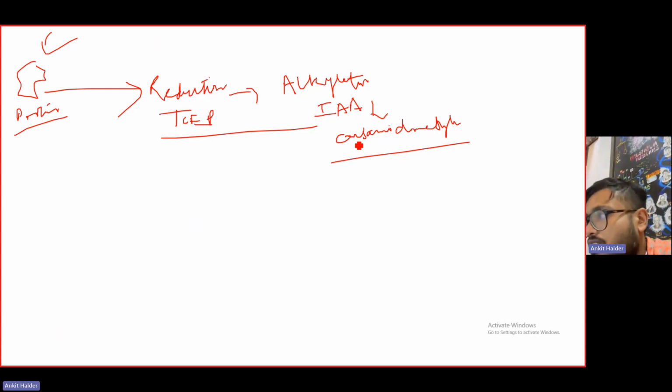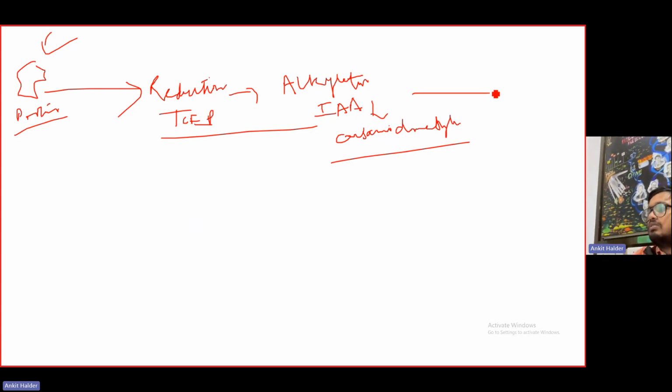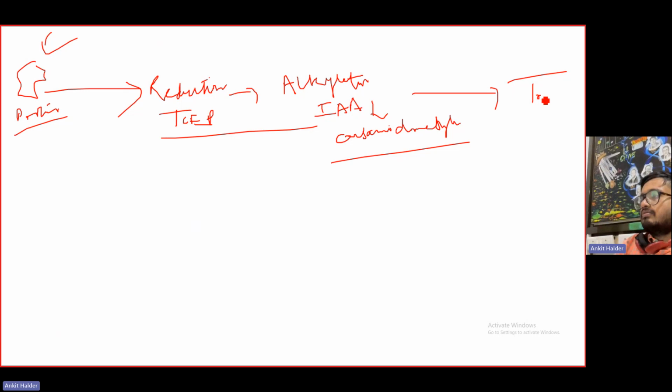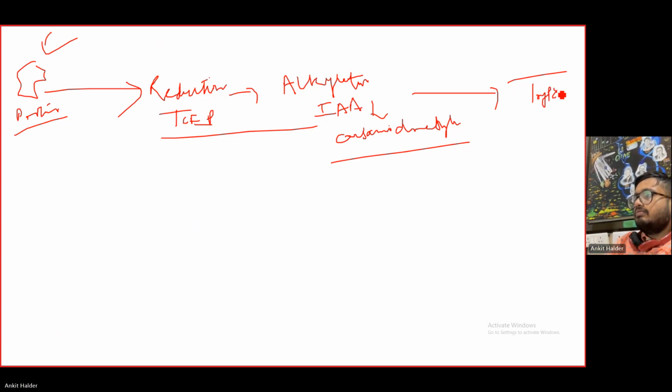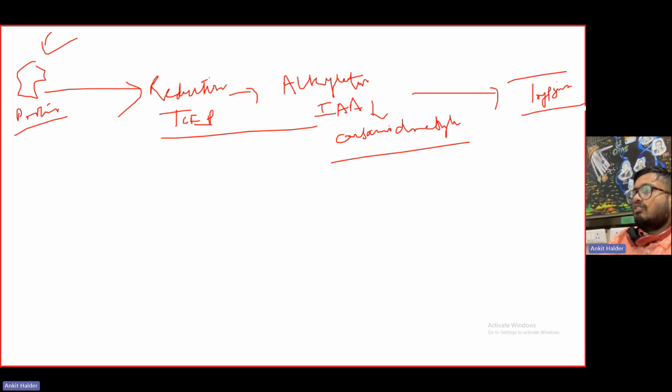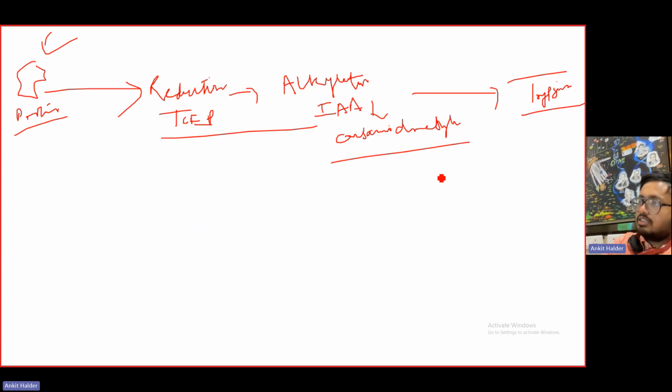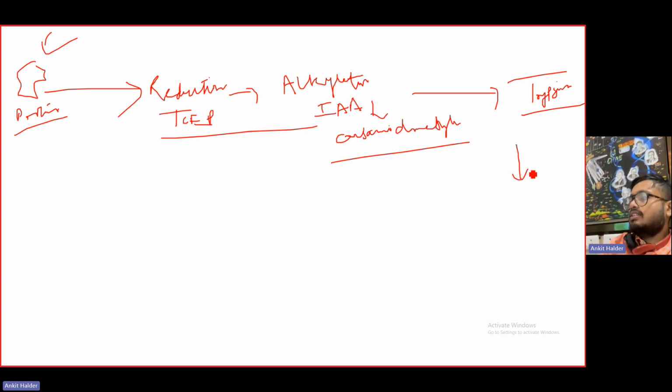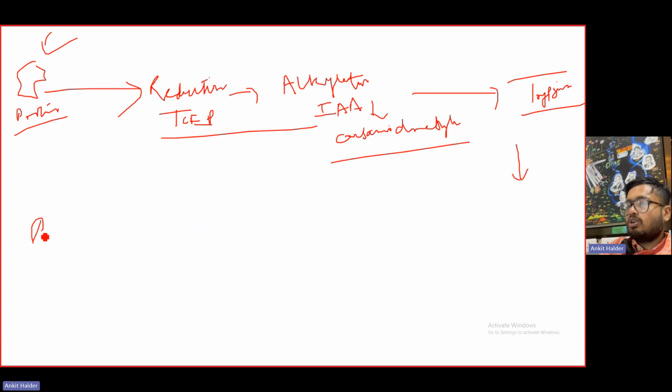Then, once we have alkylated and the carbamidomethylation is done, we digest it with trypsin, and once it is getting chopped down, this results in bottom-up proteomics.